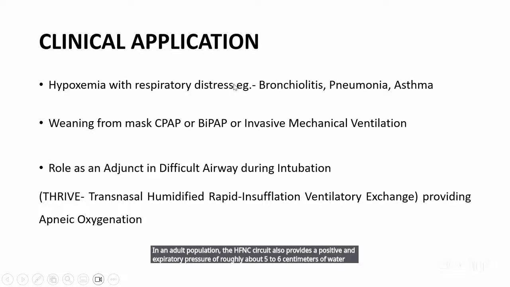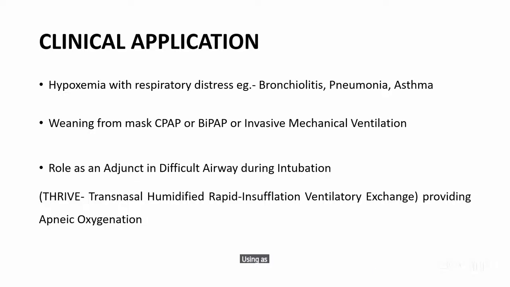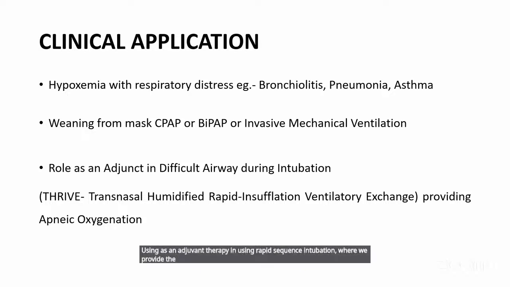Clinical application: in any respiratory patient who is having respiratory distress, it is used, and as a weaning mode after extubation. We apply this HFNC or any non-invasive method of oxygen delivery device. And recently, the role of HFNC has come a long way as an adjuvant therapy in rapid sequence intubation, where we provide the child with the HFNC cannula.